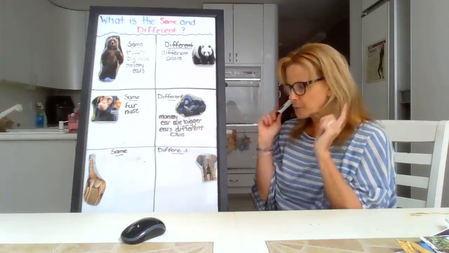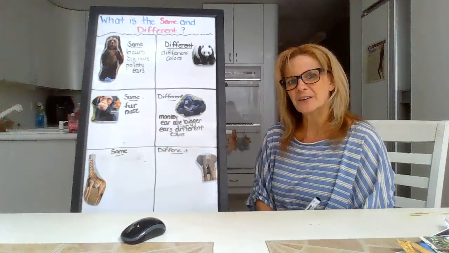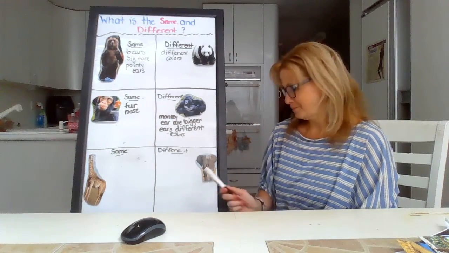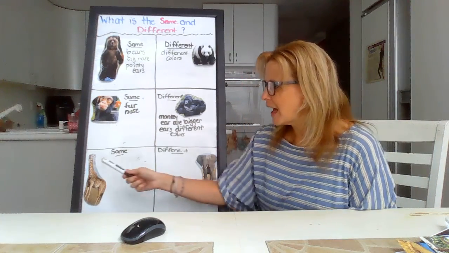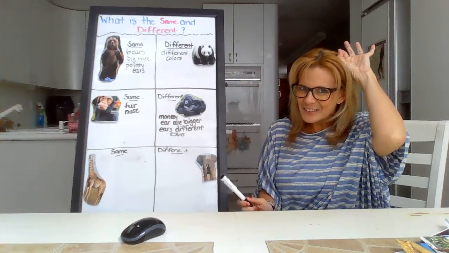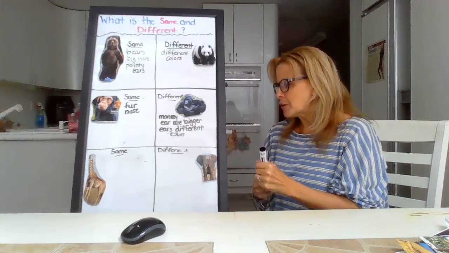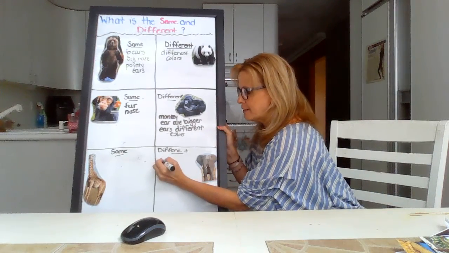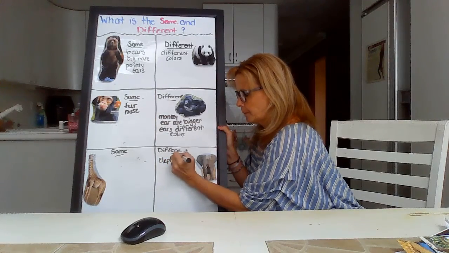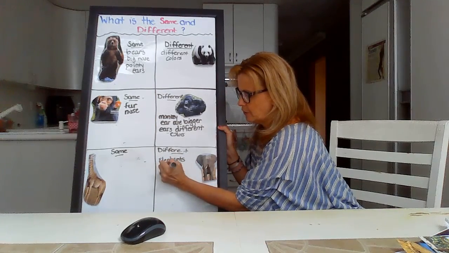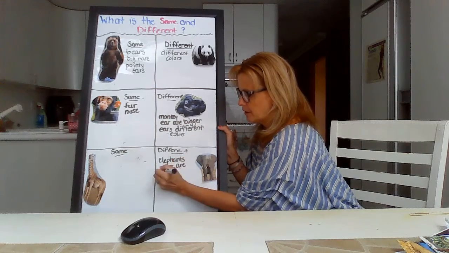Let's look at the ears. Who has bigger ears? Elephants have big ears. Giraffes have tiny little ears on top of their head. So their ears are different. The elephant's ears are bigger.